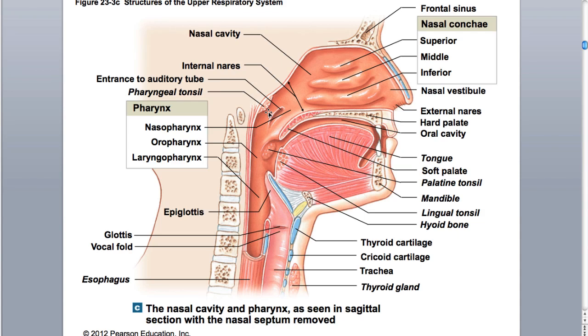So at the roof of your mouth, if you opened your mouth all the way, like on the old Reach toothbrush commercials, you would actually see this opening that goes into the auditory tube. At the very end of Biology 2401, you actually learn that. And this tube would head up into the middle ear. Okay, next slide.